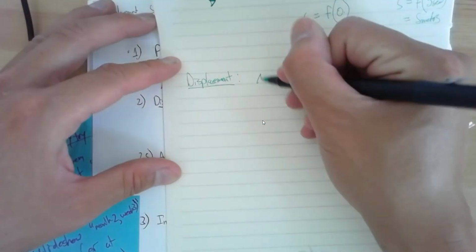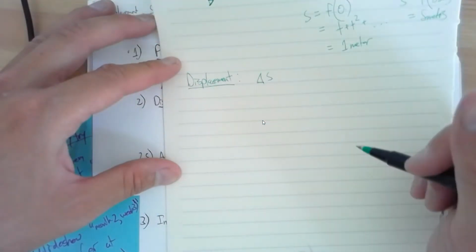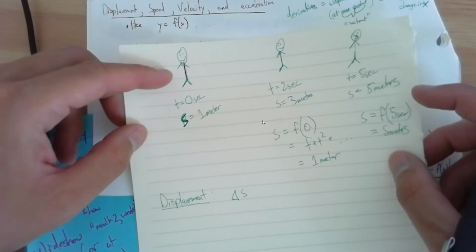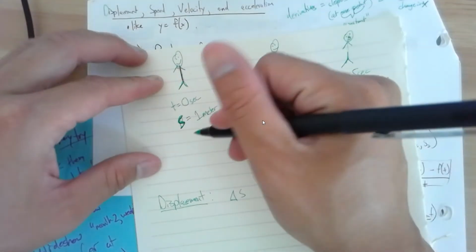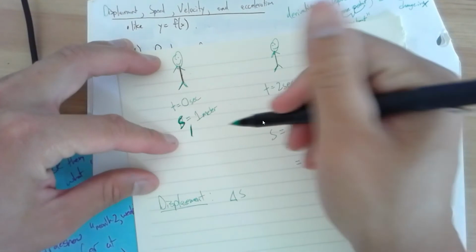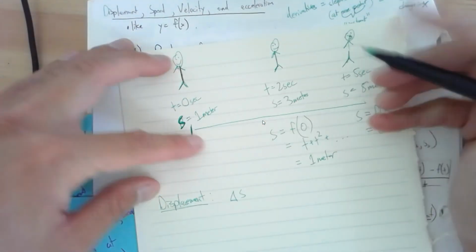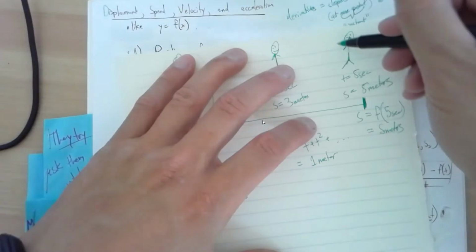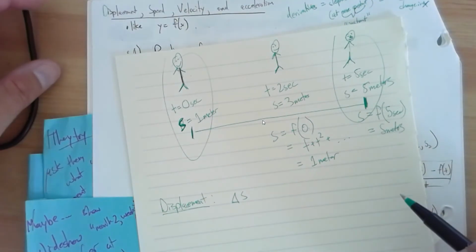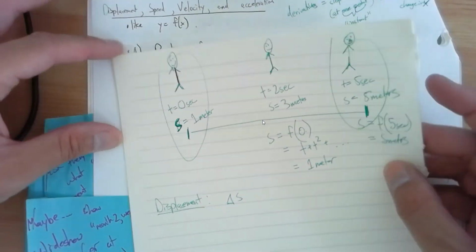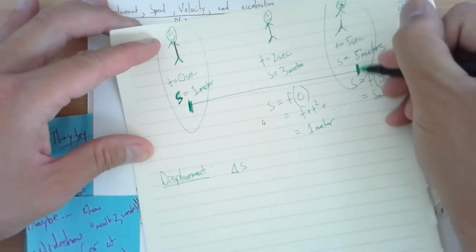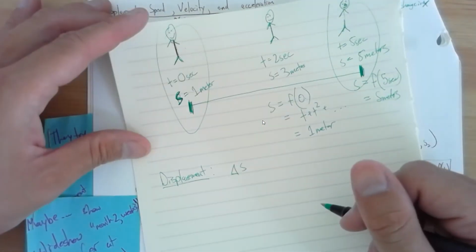So displacement is simply the change in S, okay? So let's say I want to take the difference from this person to this person here, okay? So again, I know this can get a little confusing, so bear with me here.